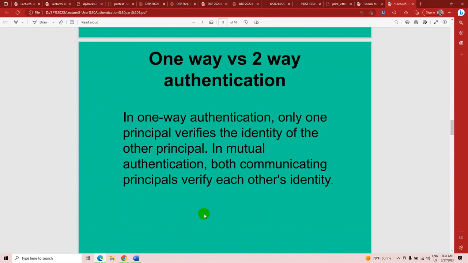I have already explained what one-way versus two-way authentication is. In one-way authentication, only one system, one person or one computer, verifies the identity of another person or computer. In mutual, or two-way, authentication, both entities A and B are authenticated to each other.